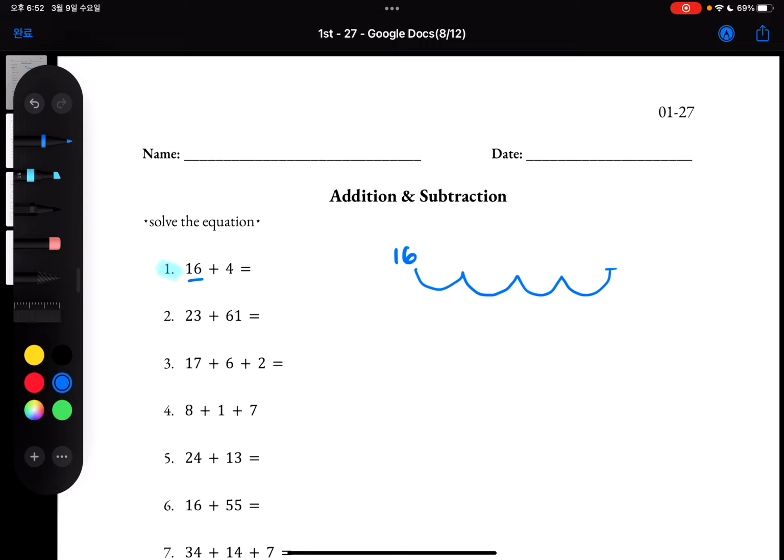And then all you have to do after that is just count 16, 17, 18, 19, 20. 20 goes on top of the underline, so we know that the answer for number 1 is 20.